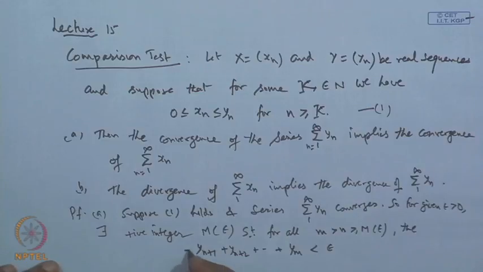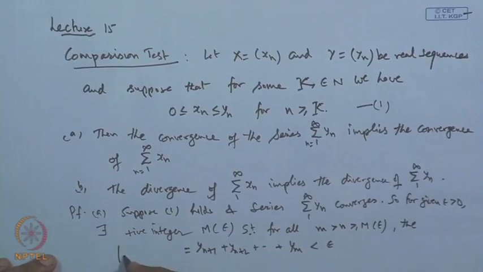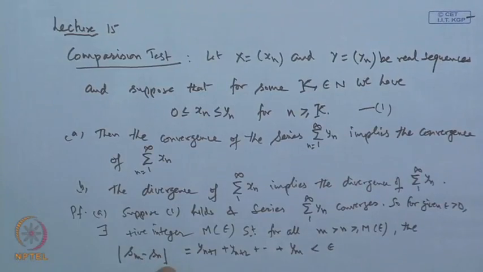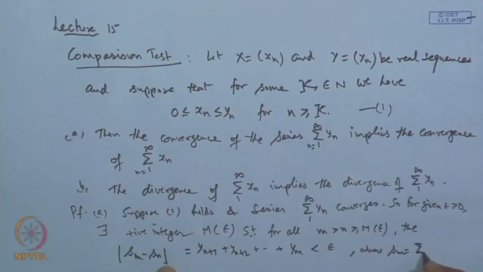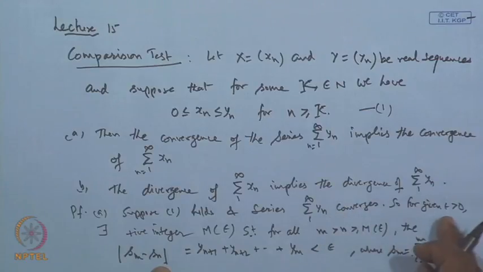Because basically this condition is nothing but S m minus S n, where S m is sigma y i, i is 1 to m. So, basically this is the Cauchy convergence criterion. Because the series is given to be convergent, by means of the Cauchy convergence criterion, for any epsilon one can identify a positive integer so that this result holds.